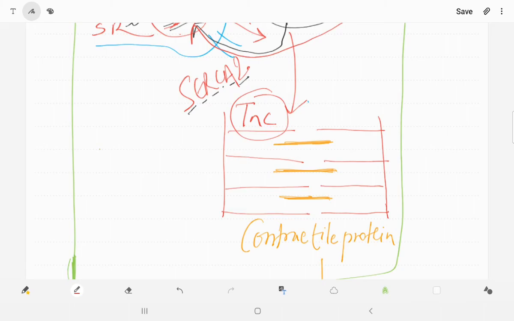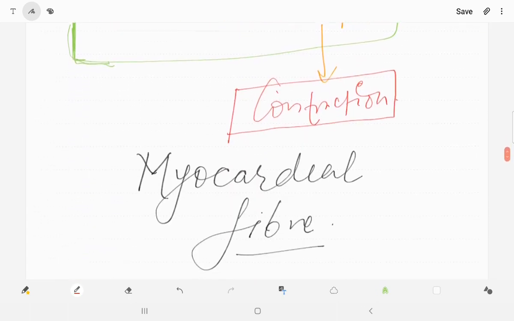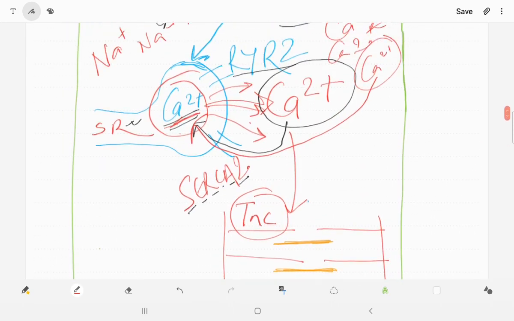So in this way digoxin works and helps to maintain a failing heart by increasing its contractility without increasing its oxygen demand. So this was all about the mechanism of action of digoxin.